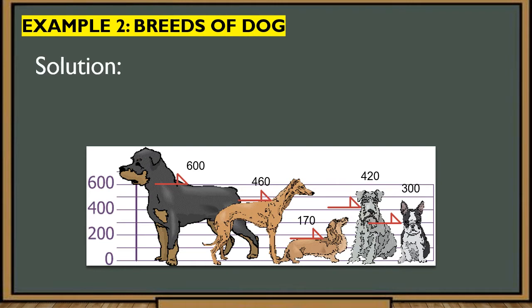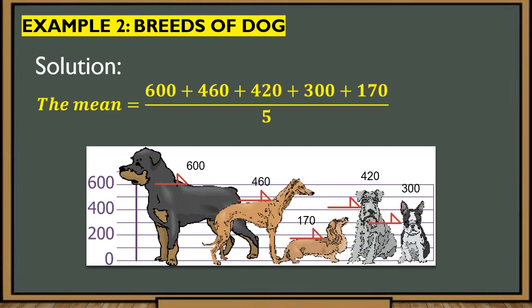To do that, we simply add their heights and divide by 5, since we have 5 dogs here. So we're going to add 600 plus 460 plus 420 plus 300 plus 170, divided by 5, and we get 390 millimeters.